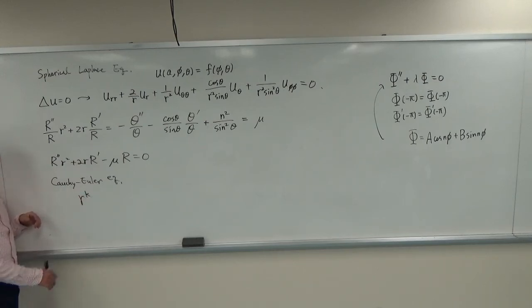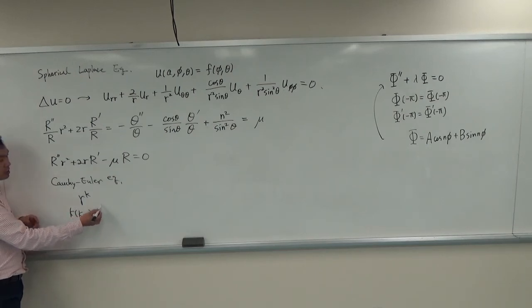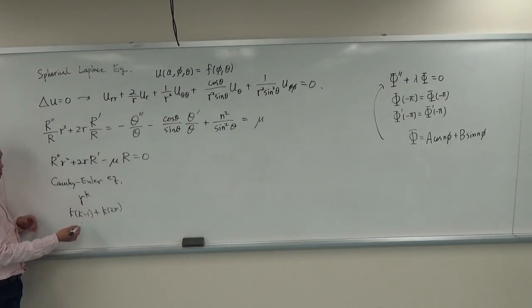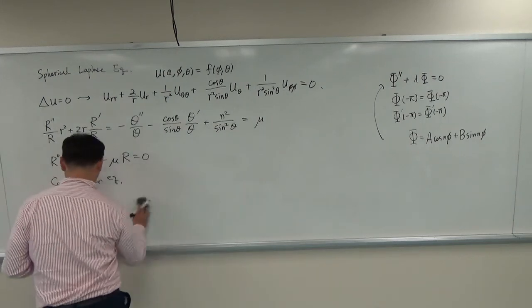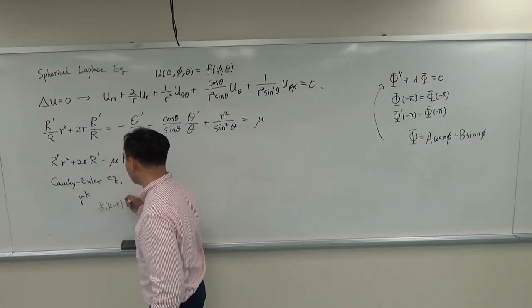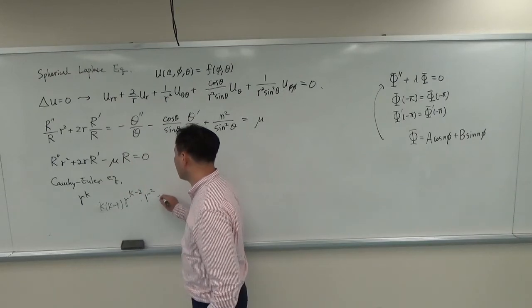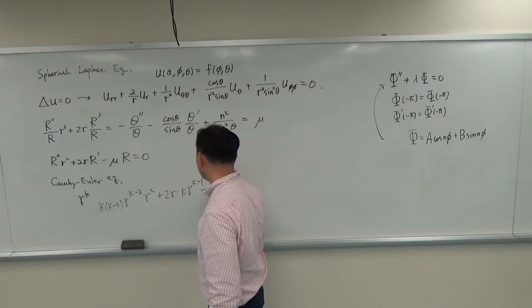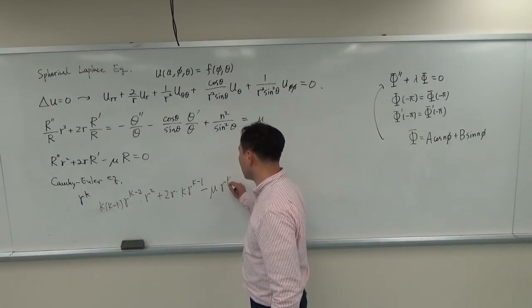Okay? So you just plug this in and solve. The problem is if you plug it in here, it's k times (k minus 1) r to the k minus 2 times r squared, plus 2r times k times r to the k minus 1, minus mu times r to the k, equals 0.